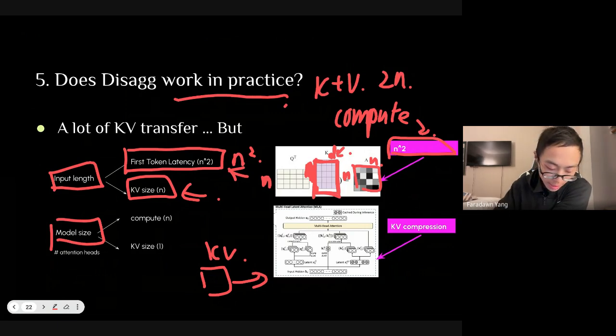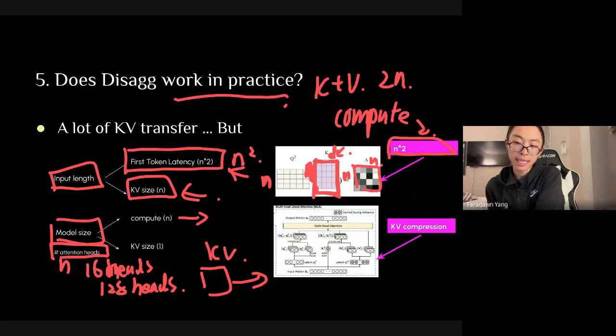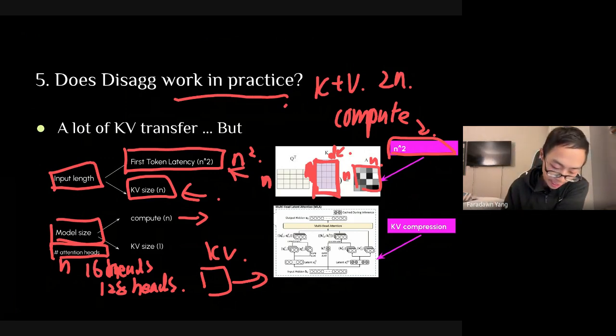The good news is that, let's say, n is the number of attention heads. A small model can have like 16 attention heads, whereas a big model can have 128 heads. If there are n heads, the compute will scale as n. Whereas, what about KV cache size?